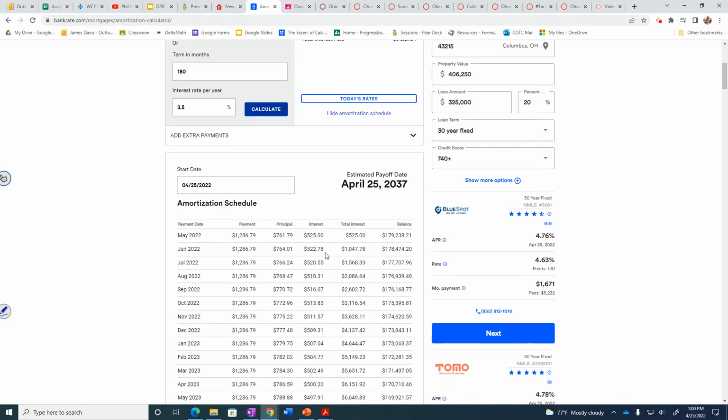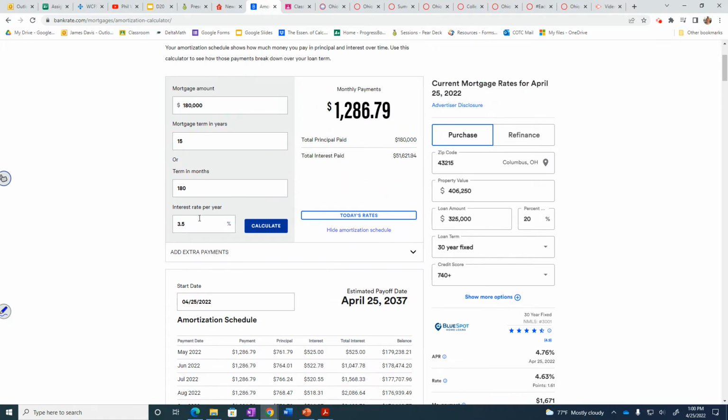So those are things that you can do to reduce your payment: get lower interest rates, and also reduce the mortgage term to 15 years. Occasionally you'll see 20 years, but if you're older in your life and you don't want to pay for 30 years, you might want to look at a 15-year mortgage. Or if you can afford it, even do it earlier, right?